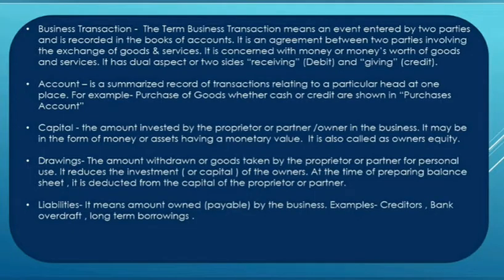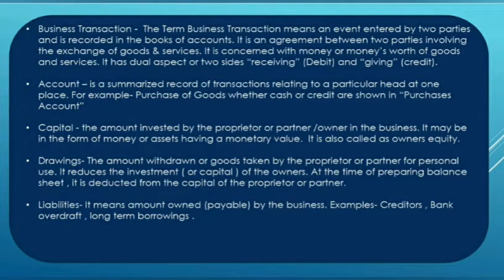So the first accounting term is business transaction. Now, what do you mean by a business transaction? Business transaction means an event entered by two parties and is recorded in the books of accounts. So it is an agreement between two parties involving the exchange of goods and services.